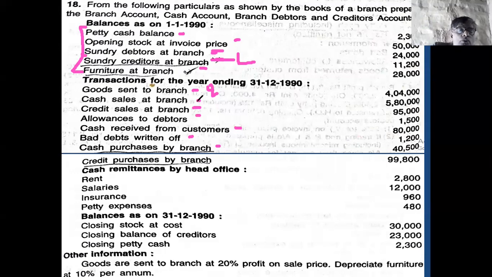Cash sale goes to cash book. This is the cash book item. Credit sale goes to debtors account. Then allowance, debtors account. Cash received from customer, this goes to cash book and also debtors account. Bad debt goes to debtors account.